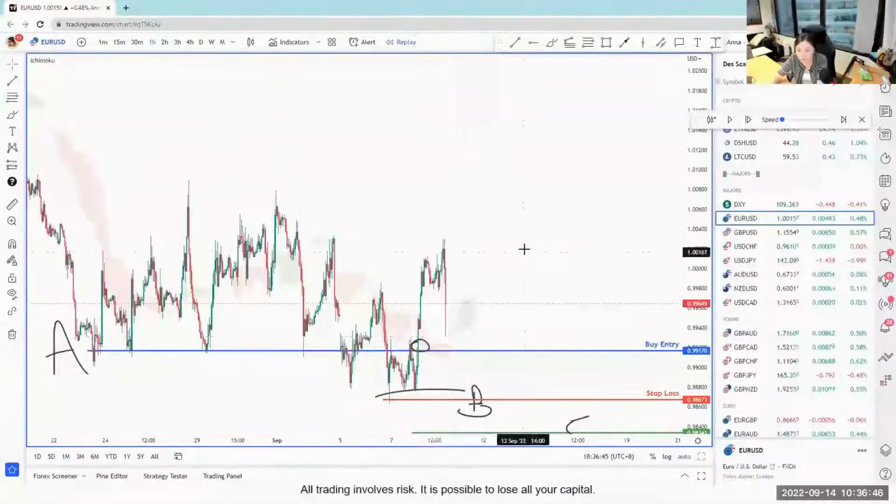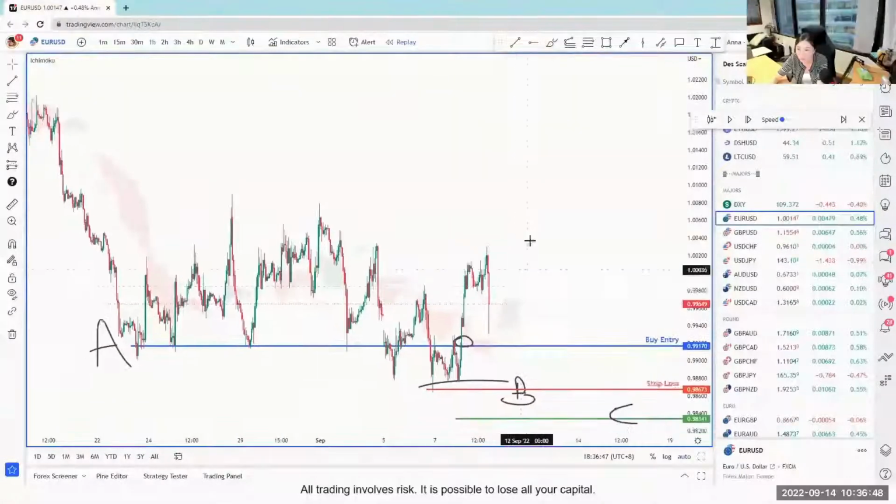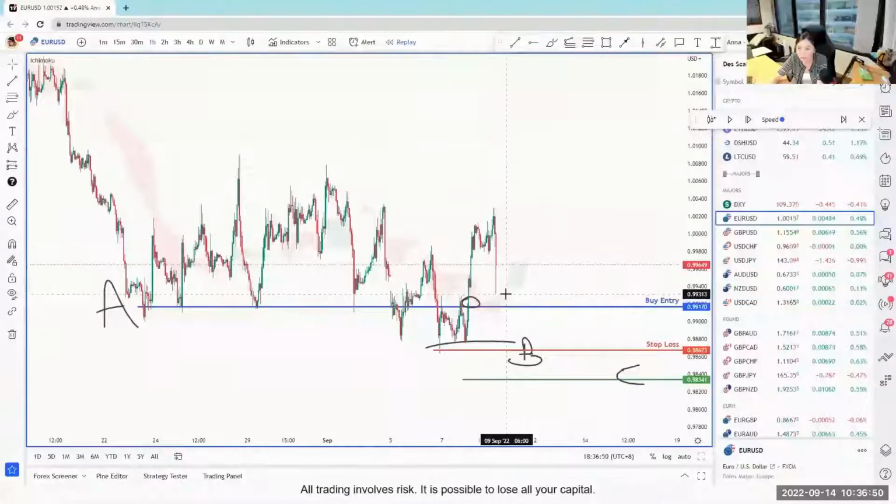But when it comes here, most people will panic, right? Because this is the point where you do not know whether you should take profit or not. Should I take profit? Should I close the position? Or should I just hold on and wait for the price to move this way?